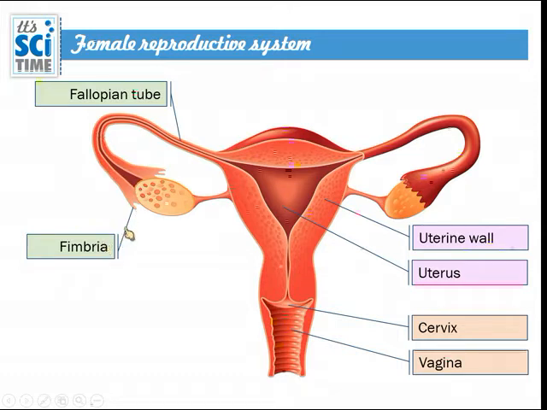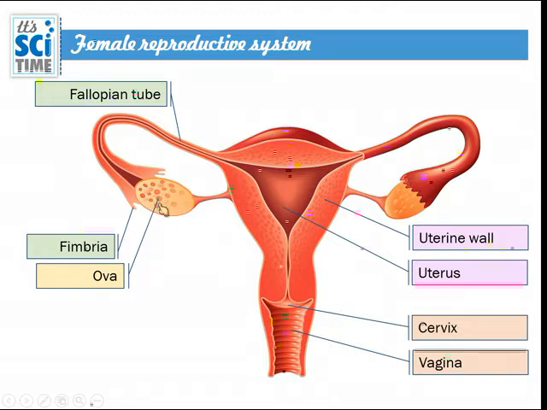Its function is to drag or suck in the ova released by the ovaries. When an ovum is released by the ovary, it can be sucked into the fallopian tube by this fimbria part. And there are immature ova as well, the maturing ones.